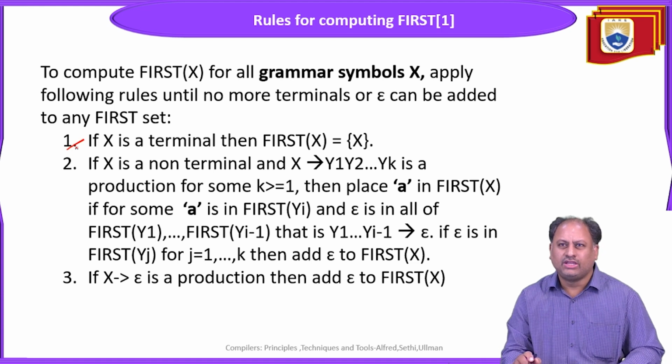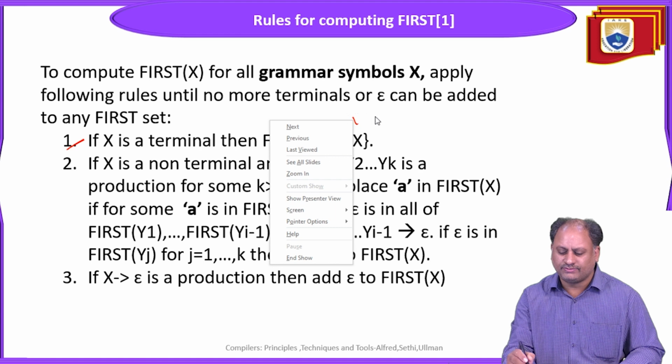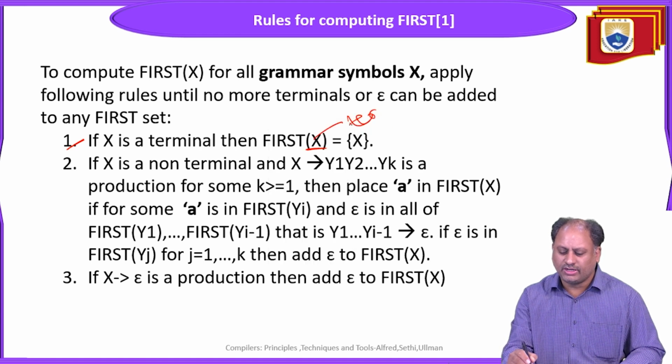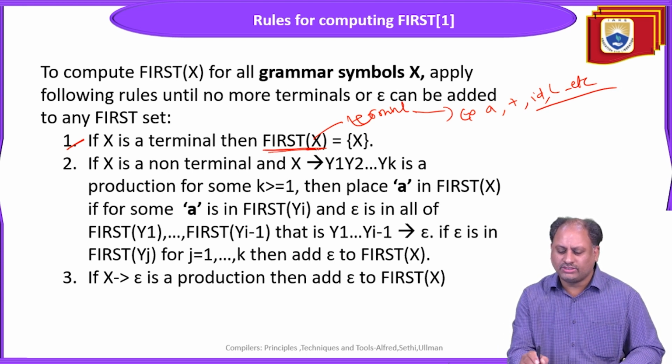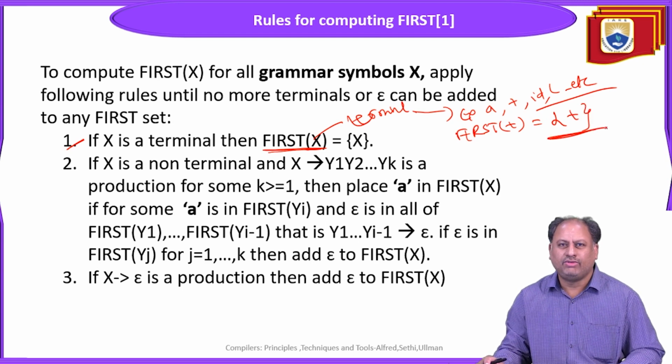The first rule says that when computing first, if it is a terminal, for example small a, plus, identifiers, brackets, etc., these are to be considered as terminals. If the computation is first of a terminal, then we can directly include it as the terminal value in the result. That is the first point.